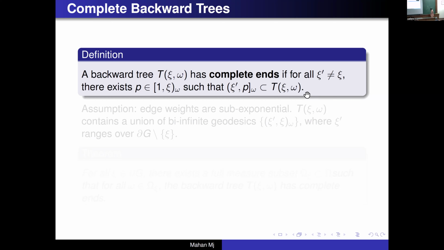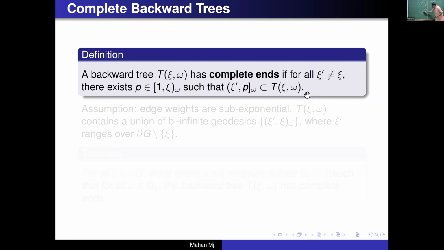What tells you that you can actually have things that go all the way? So suppose this is your xi prime. What tells you that for all these points on the way, there exists a path which goes all the way back to xi prime, so that from xi prime to xi you have a random geodesic?